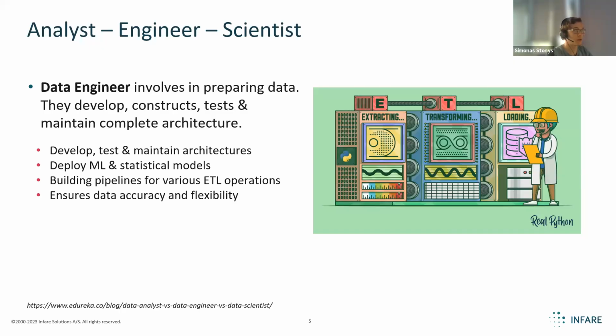Or, as I sometimes like to say in simple terms, moving data from point A to point B. So data engineers develop, construct, test, and maintain the whole architecture for data pipelines, meaning that they are responsible for, let's say, setting up databases, like creating a database, assigning access to the database, and trying to determine which data storing technologies should be used, whether it's databases or some raw CSV files.